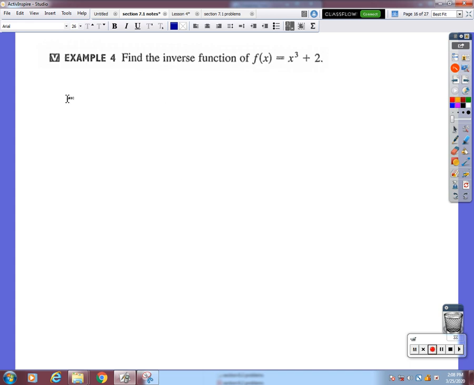All right, so let's try one that's a little bit more complicated. Find the inverse of the function f of x equals x cubed plus 2. So I'm going to start by rewriting this as x equals y cubed plus 2, and then I'm going to solve that for y. First step in that process is to subtract 2. So x minus 2 equals y cubed. And then to get rid of this cubed, I have to cube root both sides.